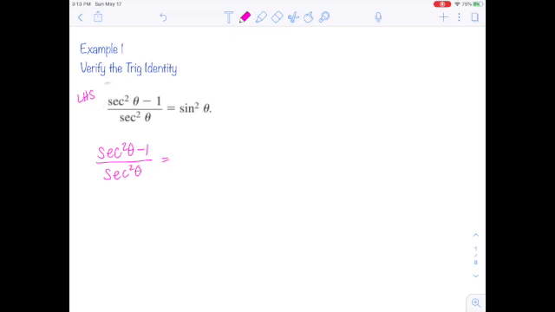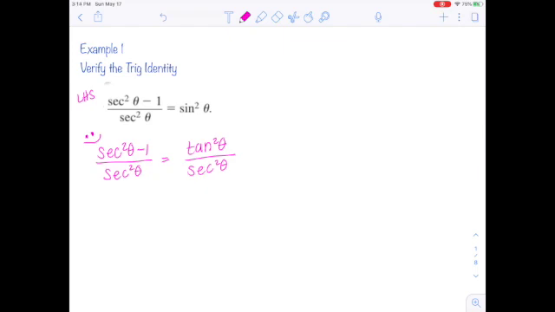Now, I think, what can I simplify? You're going to use all your simplification techniques that we've done all week, and you'll notice that we've got a Pythagorean identity right there. Secant squared theta minus 1 is equal to tangent squared of theta, over secant squared of theta.